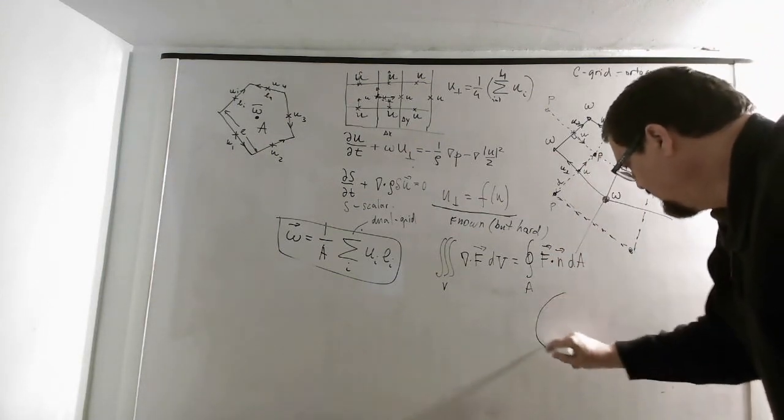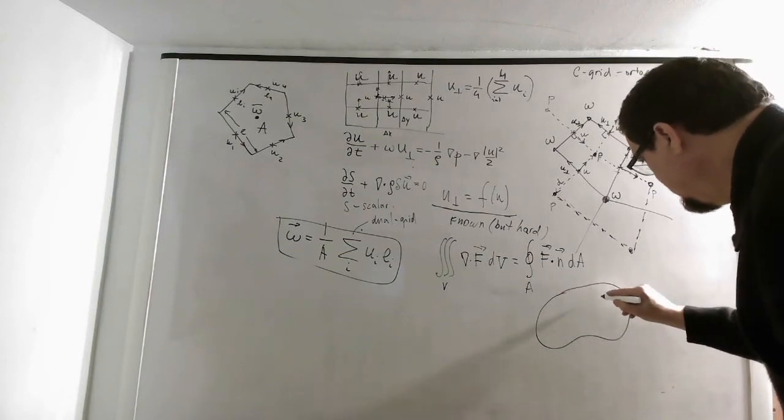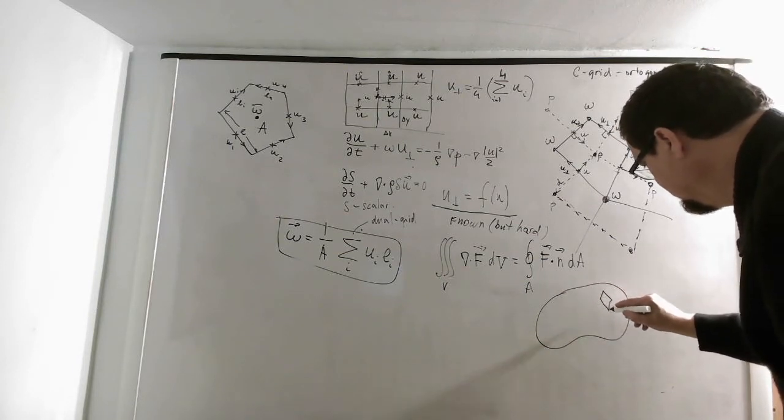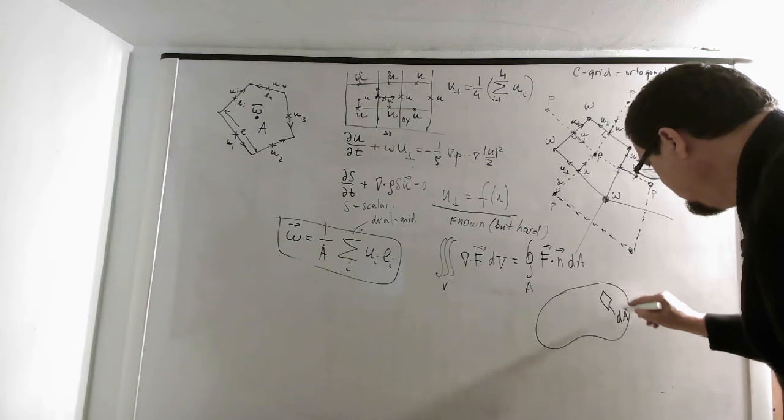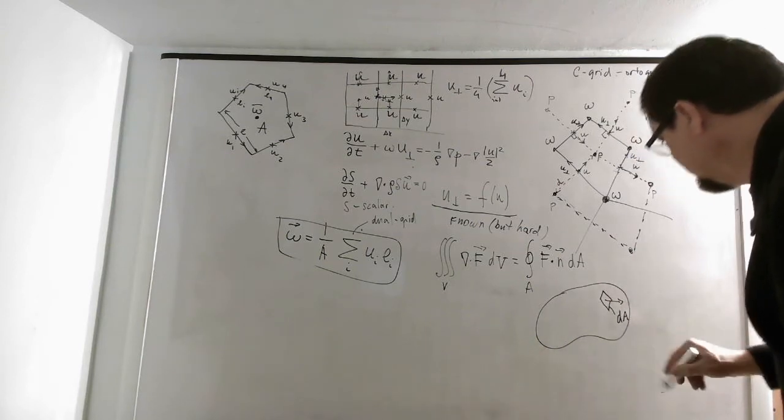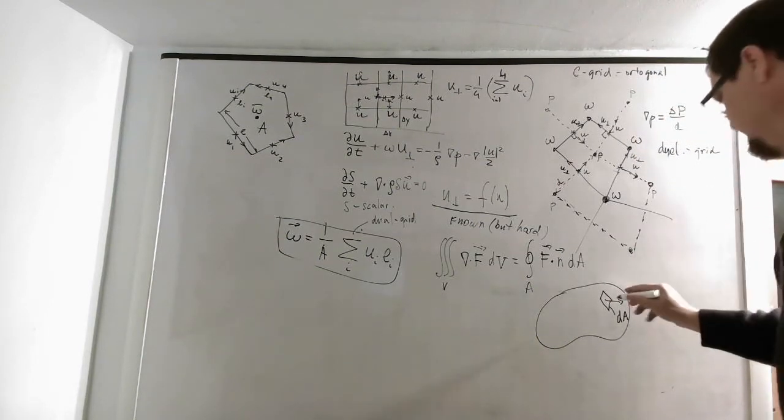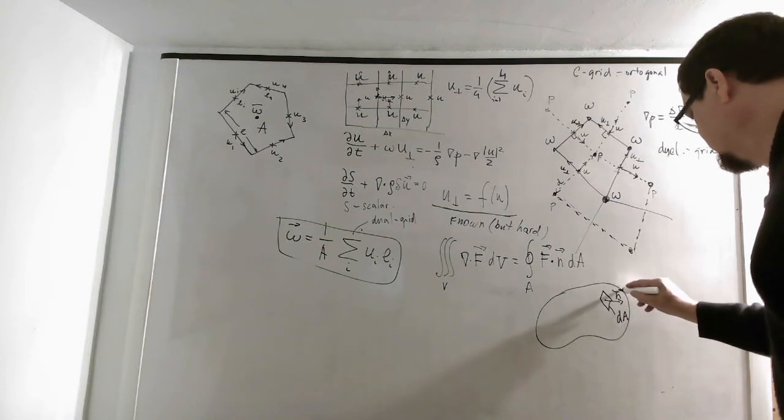So you have some volume and some element here, dA. This is a vector that's sticking out from it. This is the normal vector.